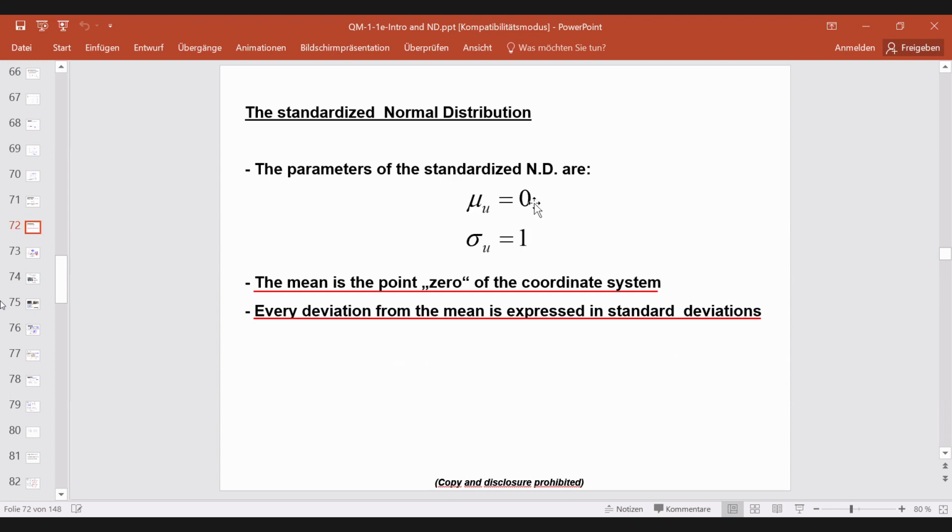So standardization means the mu every time is at 0 and the sigma every time is 1. It is the distance from the mean to the turning point of the bell curve. So every deviation from the mean is written in standard deviations.